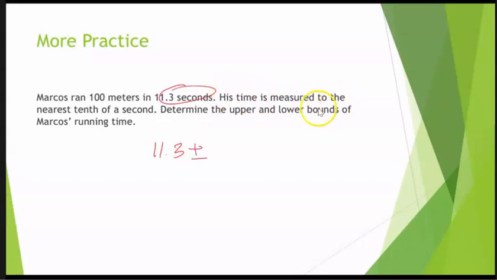Now notice it's being measured to the nearest tenth of a second. So be careful, we're not going to do plus or minus 0.5, because remember, a tenth of a second is 0.1, and half of 0.1 is 0.05. So this time, it's going to be plus or minus 0.05.